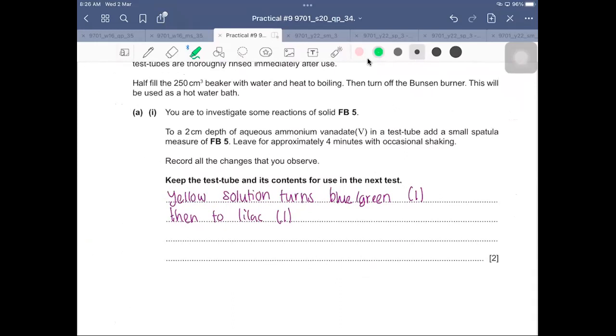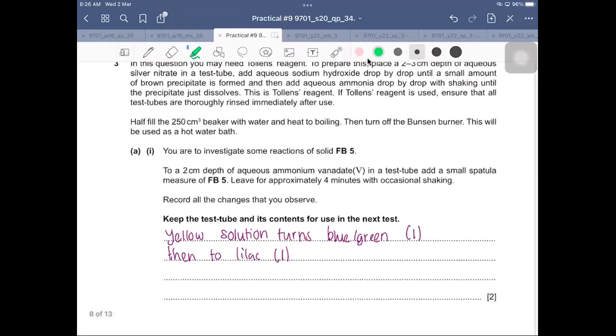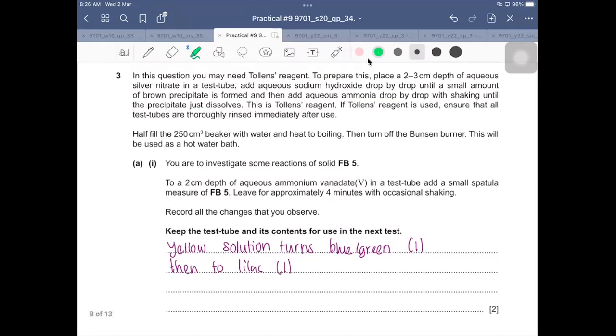Now, I don't like using the word lilac. Basically, lilac is purple. Okay, light purple. So you don't have to worry about this because it is vanadium actually. The element is vanadium, and I think we use a different formula, not exactly the ammonium vanadium 5. It's the ammonium vanadium 3.